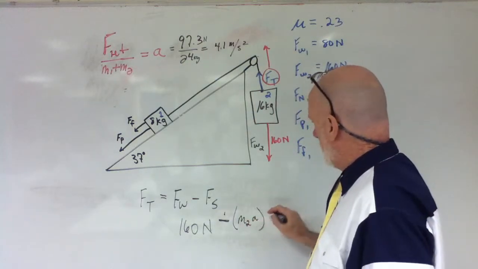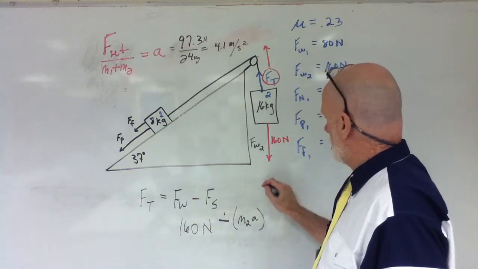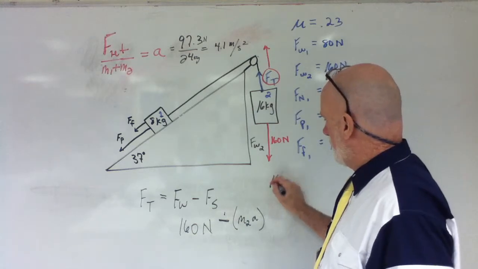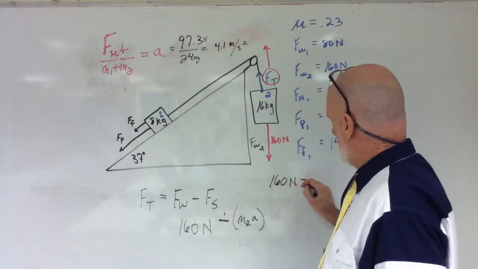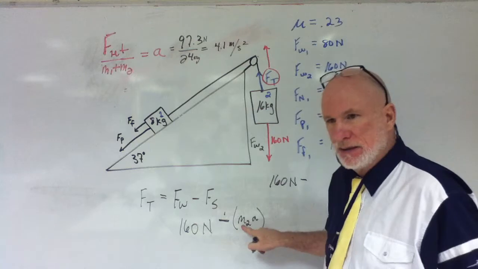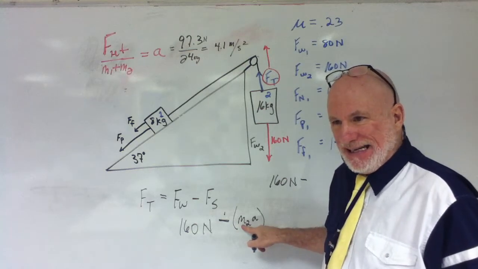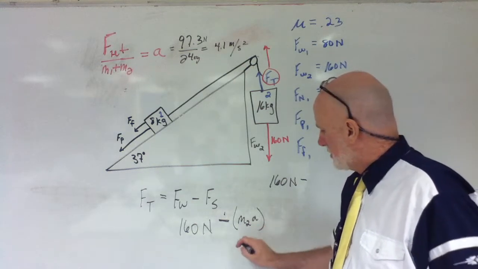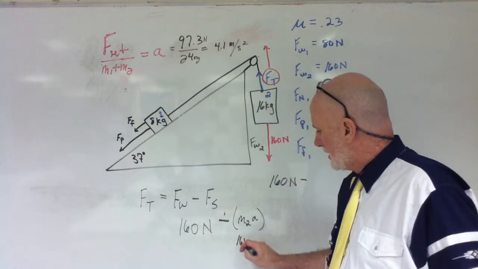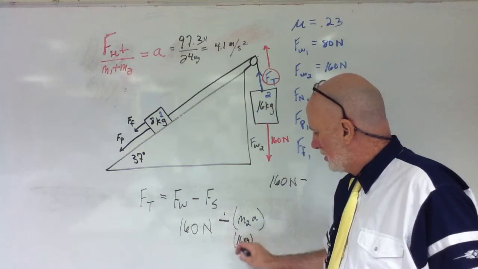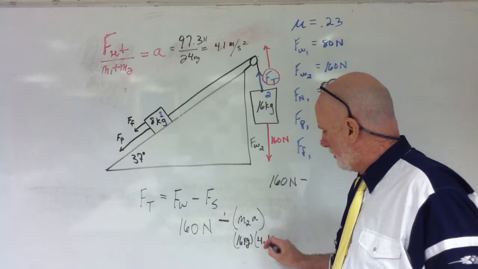So it's going to be, can I write it over here? Can you see over here? So it'll be 160 newtons minus, what is 16 kilograms times 4.1?